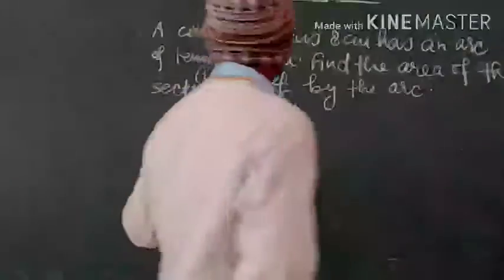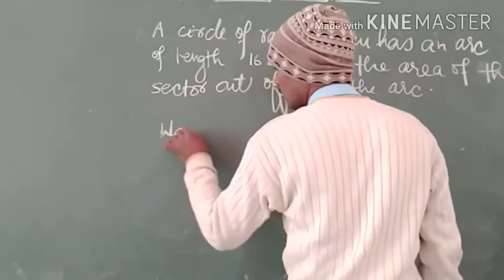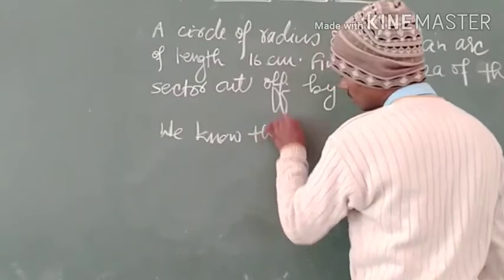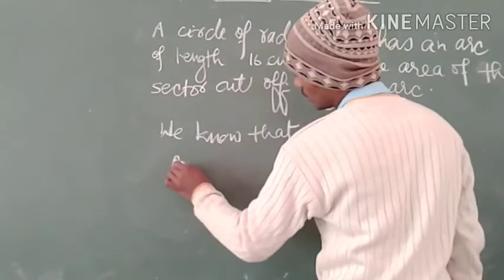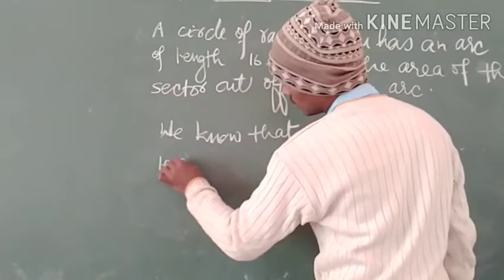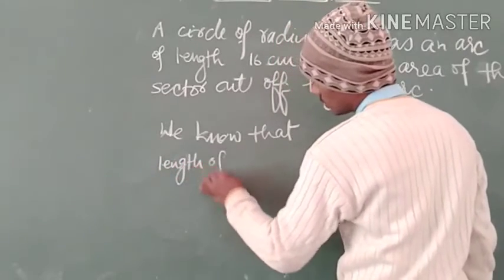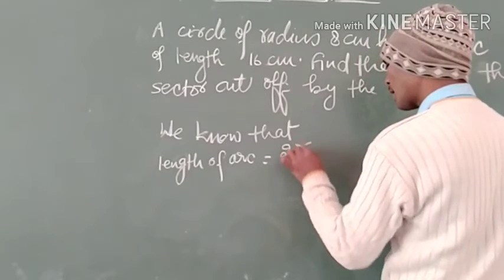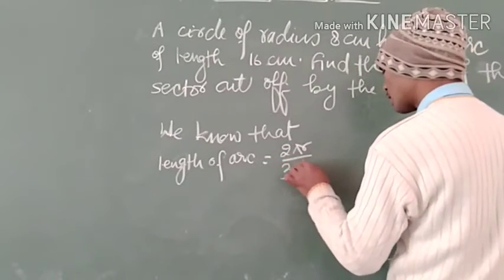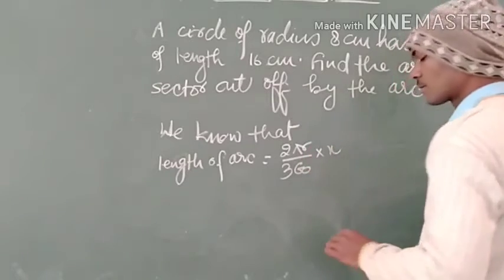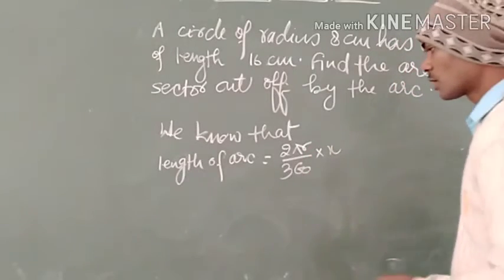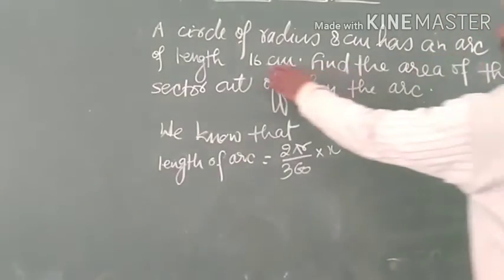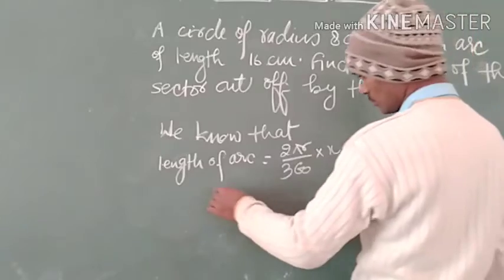We know that our length of arc is equal to 2 pi r upon 360 into x. Okay. So now put the value. The length of arc is given as 16 centimeters.